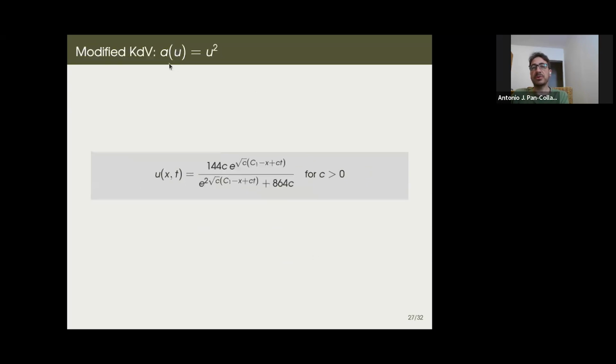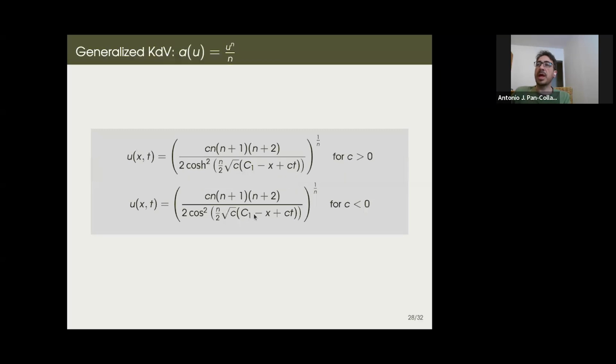If, for example, you take A equals u squared, with this other choice you have the so-called modified KdV equation, and our technique lets us obtain this 2-parameter family of solutions in explicit form. We can also consider A to be equal to u to the n over n.